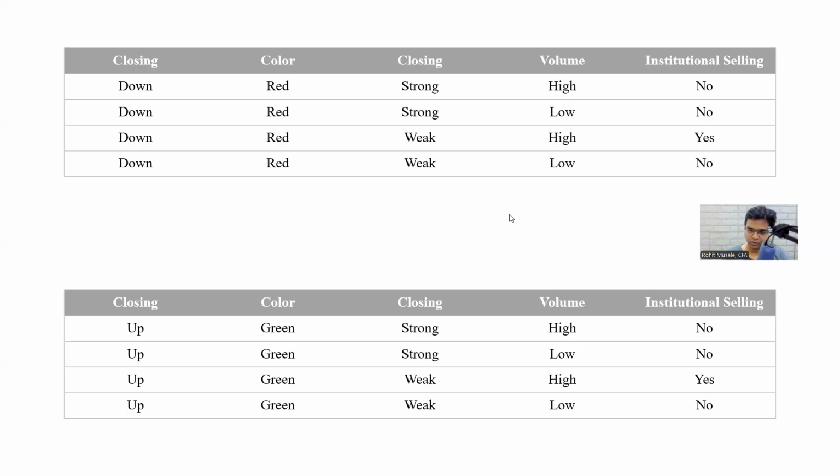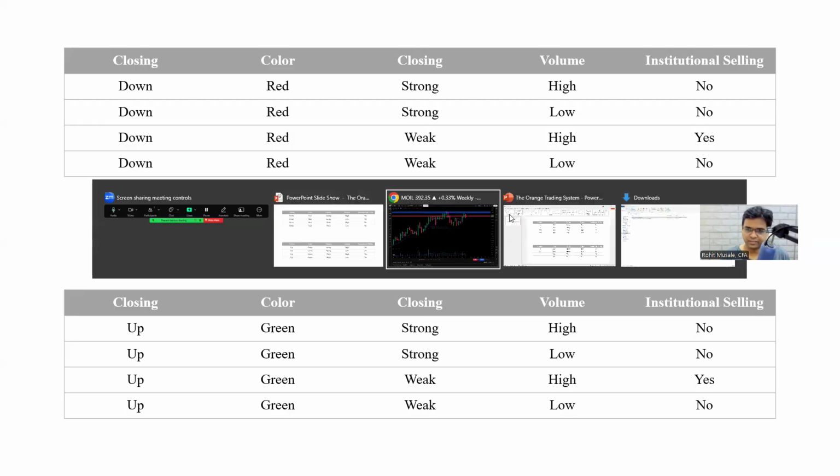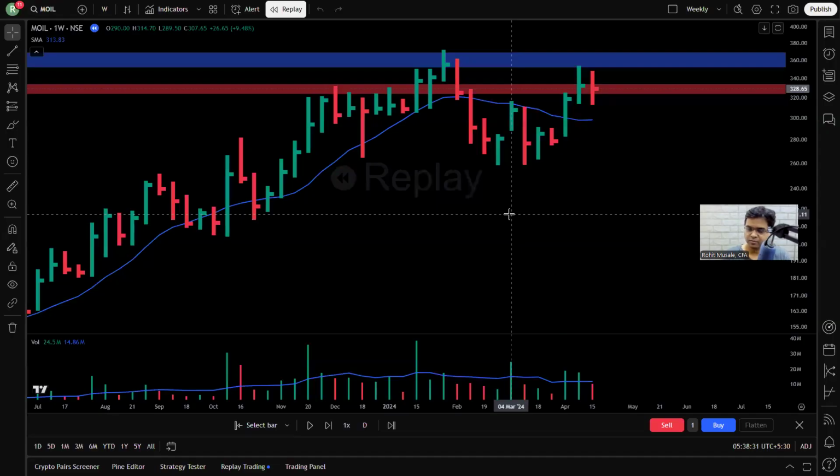So let's say you are sticking to swing trading and positional trading on daily time frame chart, you can come to the weekly time frame chart to just check on volume, because on the daily time frame chart, volume bars are very noisy. There is a lot of noise in the volume chart on the daily time frame, but in the weekly time frame, it's crystal clear like this. It's very evident from this base that institutions are not selling.